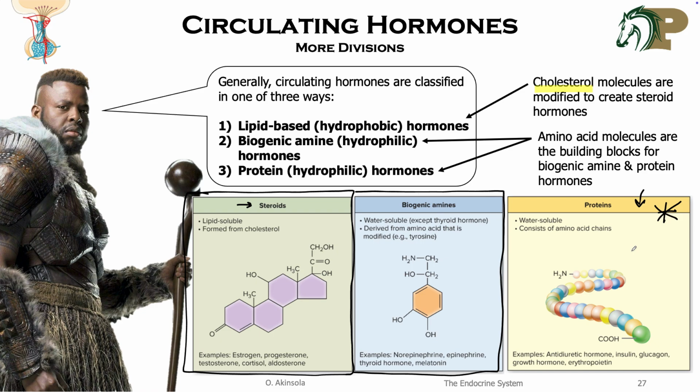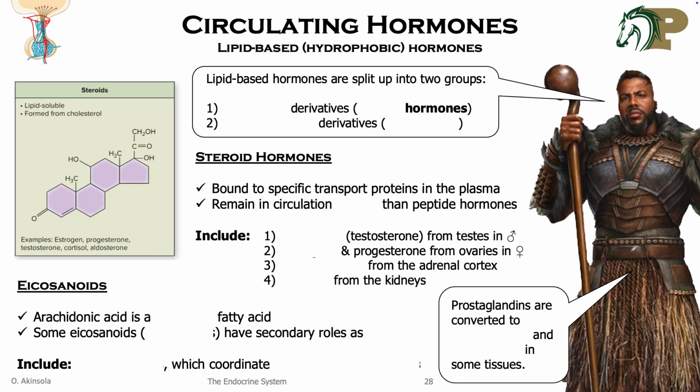So we'll go through each one of these and talk about distinctive characteristics of each. We'll start with the lipid-based or hydrophobic hormones. Lipid-based hormones are split up into two groups. We have our cholesterol derivatives, which are our steroid hormones, and then we have our arachidonic acid derivatives, which are called eicosanoids. Your steroid hormones are bound to specific transport proteins in the plasma.